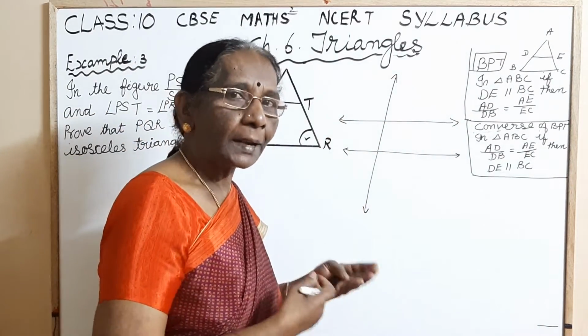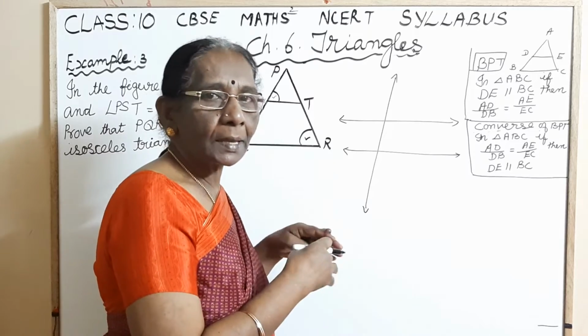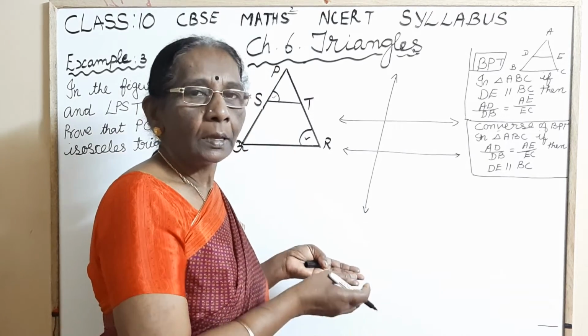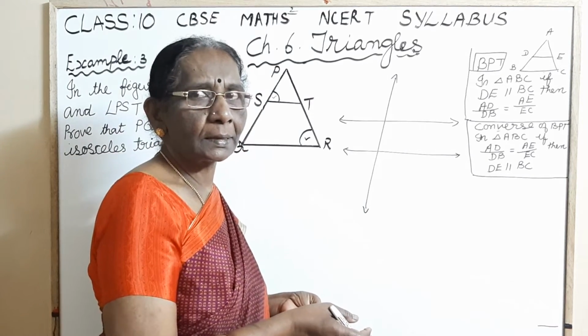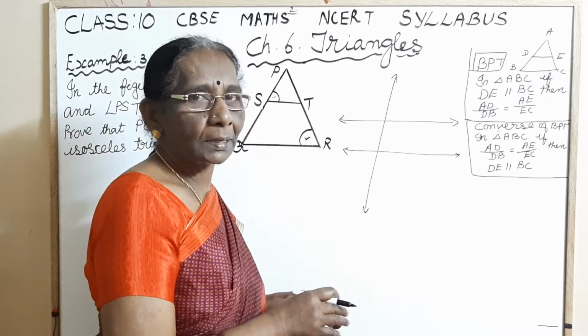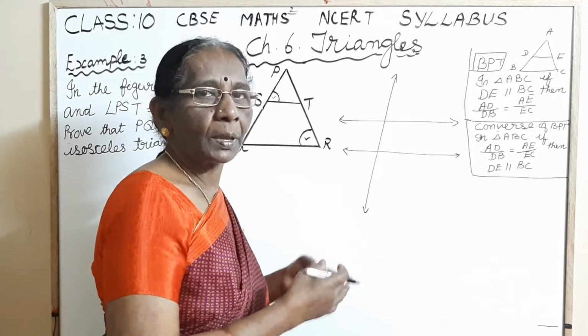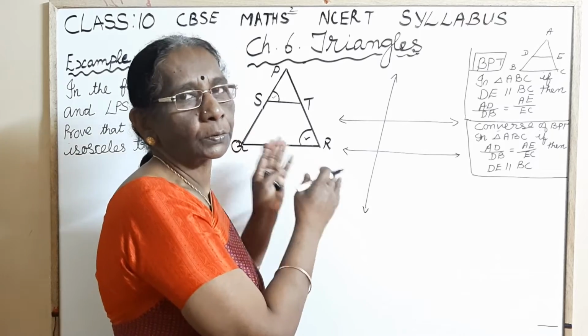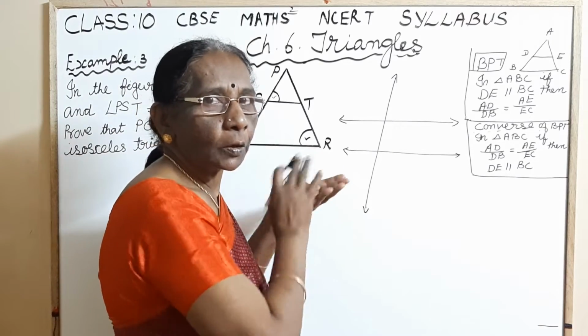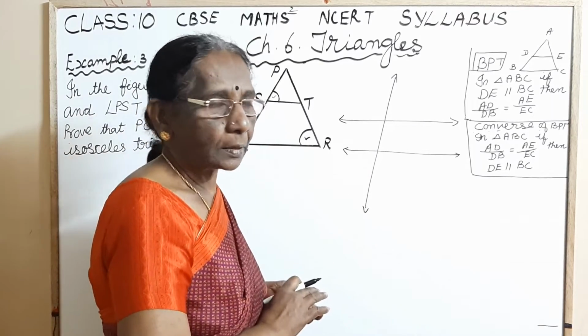You have already studied these angles and the parallel lines property in the lower classes, I think in 6th or 7th. Isn't it? So let us recall that because we have to use this also here. Then only you can prove the angles are equal.